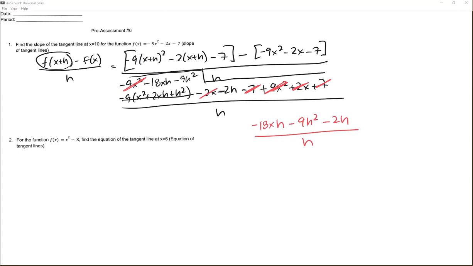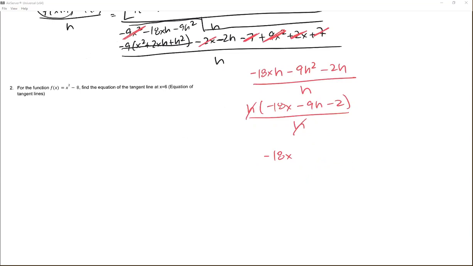Okay, and then factor out the h. It'll be -18x minus 9h minus 2, all over h, right? And then cancel. So you get -18x minus 2 minus 9h. I just kind of put them in different order because we know that as the limit as h approaches 0, this is pretty much canceled out.